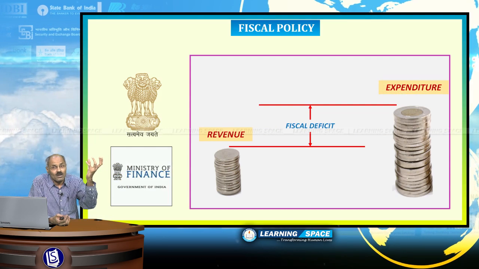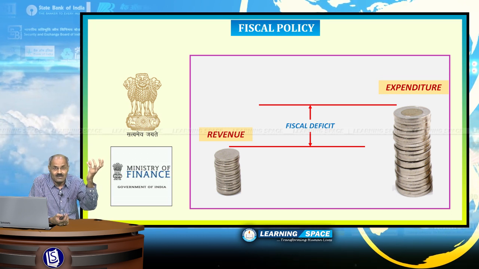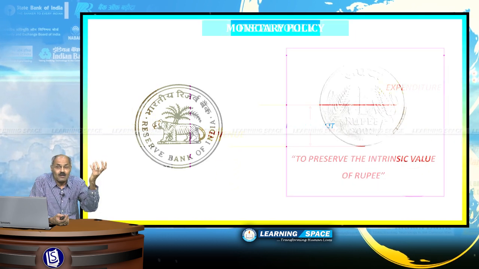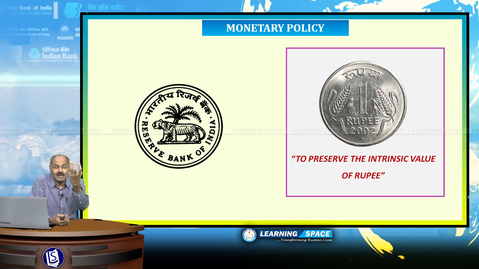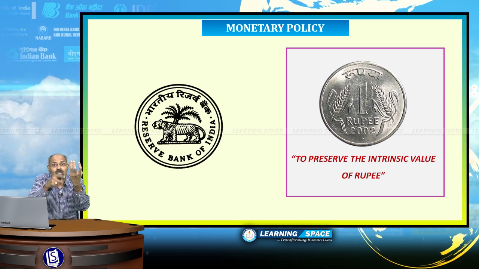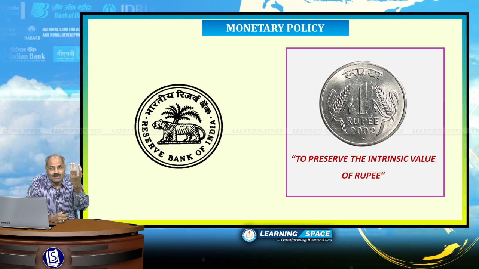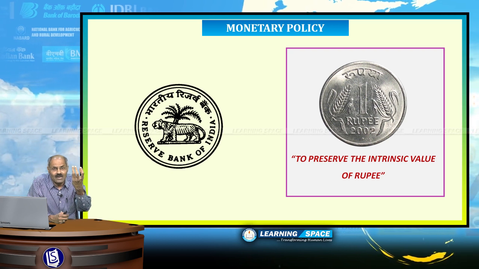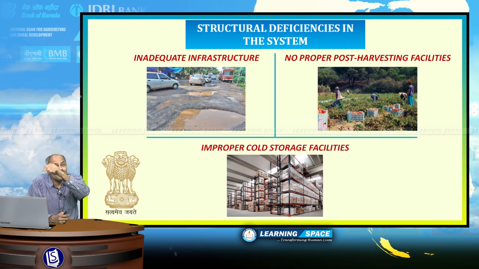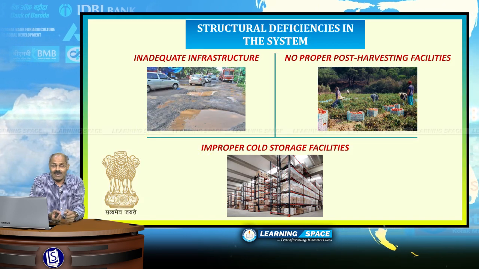So, fiscal policy by the Ministry of Finance should be prudent and should live up to the expectations. Monetary policy, which is the prerogative of Reserve Bank of India, should look at optimum availability of money circulation in the system so as to strike a balance between growth and inflation, and government should eliminate structural bottlenecks.